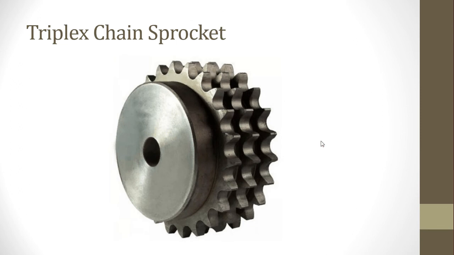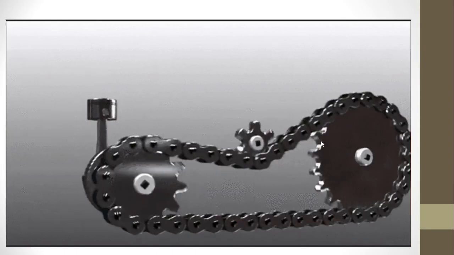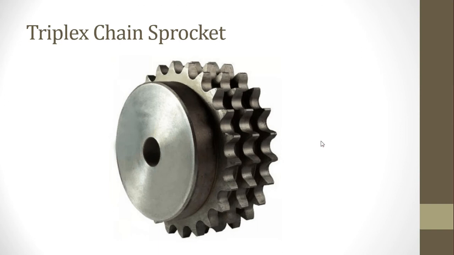Okay. Previously we have seen that there are two sprockets and three sprockets, and they work independently. However, there are other sprockets in which you can have a triplex chain, or you can go for 4 chains and 5 chains. What's the difference?